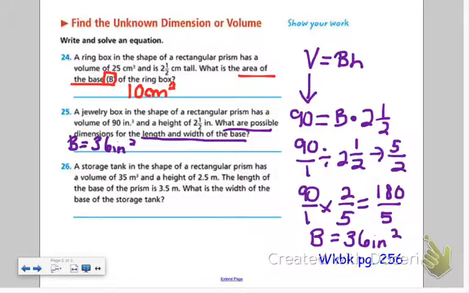Let's see. I could make 36 by doing a length of 1 inch and a width of 36 inches, because 1 times 36 would give me 36. I could also have a length of maybe 2 inches and a width of 18, because 2 times 18 gives me 36.